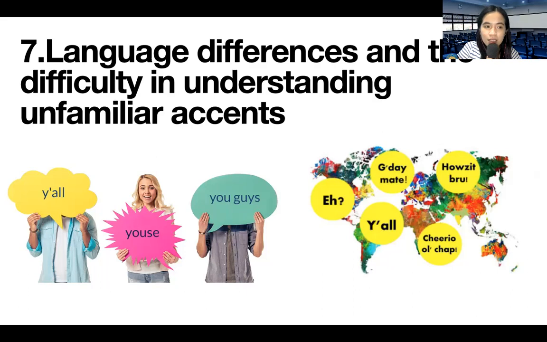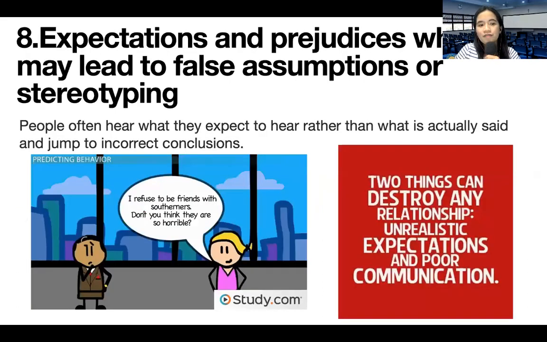Okay. Next, we also have expectations and prejudice, which may lead to false assumptions or stereotyping. Expectations happen when you expect too much, when you assume, to the point that you don't listen anymore to the speaker. Okay, I'm confident he or she will say yes because he or she is my friend.